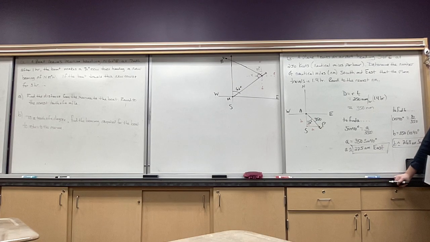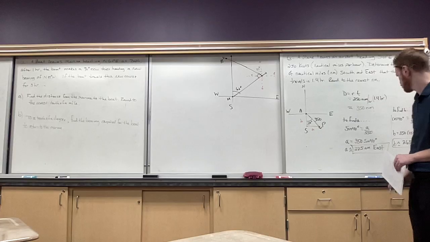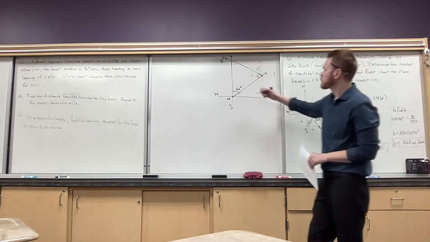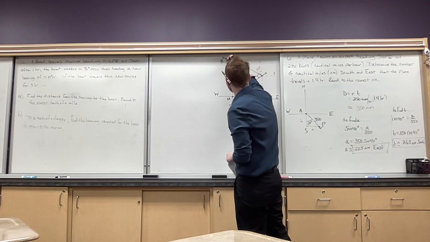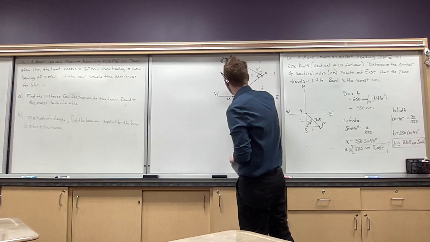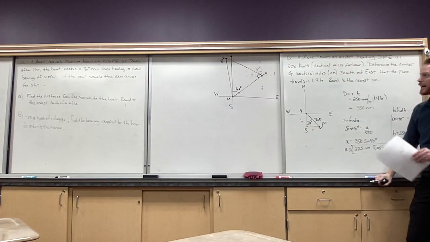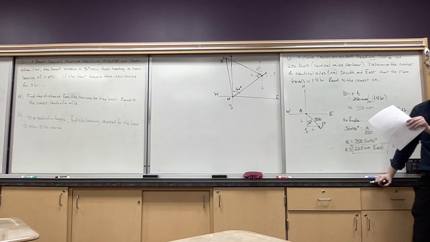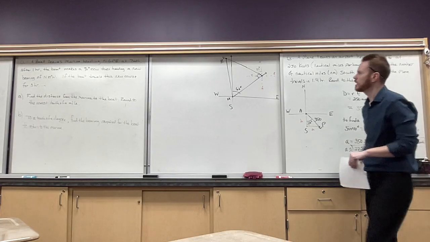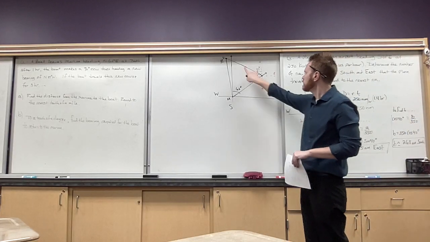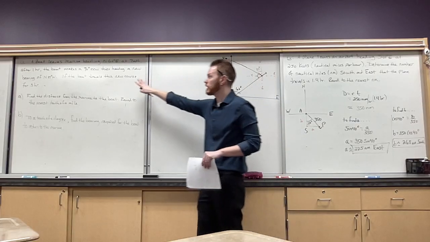So now we got to figure out the total distance. So the total distance would be from B to M. So let me just go ahead and draw that line. Okay. Now here's the good news. I actually can figure that out using the Pythagorean theorem. And here's how I'm going to do it. I could find the lengths of these guys using the information they provided here.